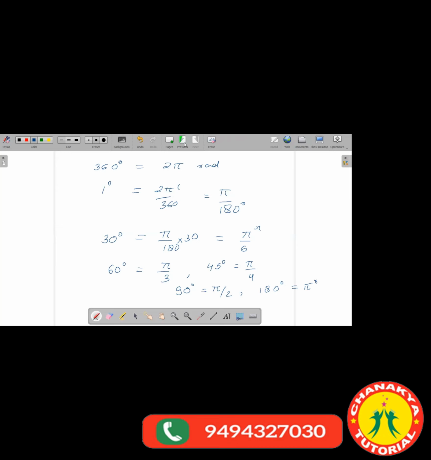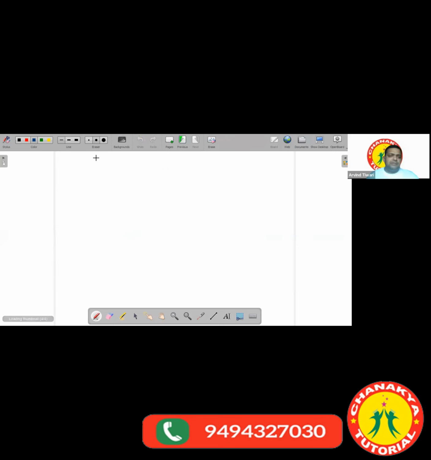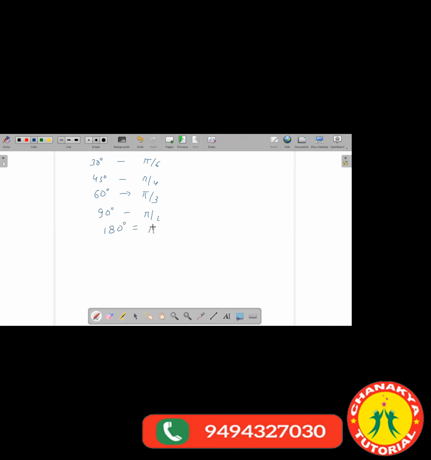Here I can list out all of them. 30 degree in radian is equivalent to pi by 6. 45 degree is equal to pi by 4. 60 degree is equal to pi by 3. 90 degree is equal to pi by 2. And 180 degree is equal to pi.